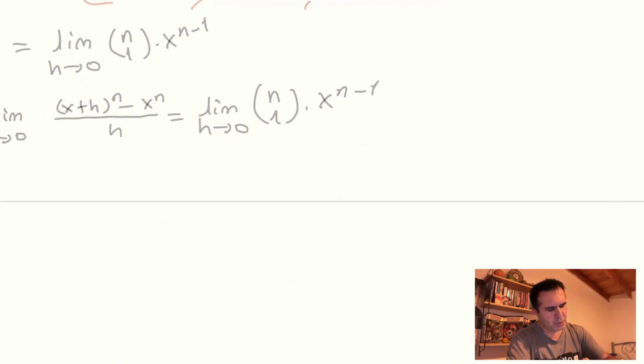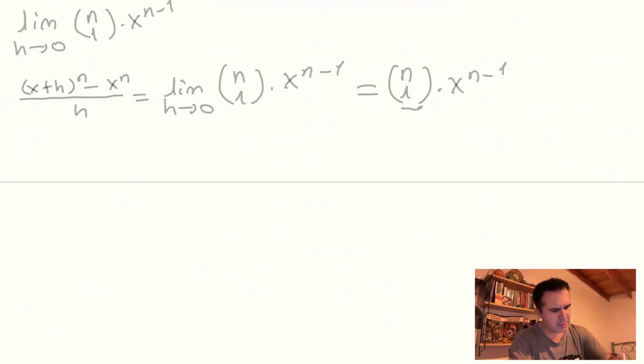If h goes to 0, this part equals n choose 1 times x to the n minus 1. And n choose 1 is equal to n, so this is equal to n times x to the n minus 1.